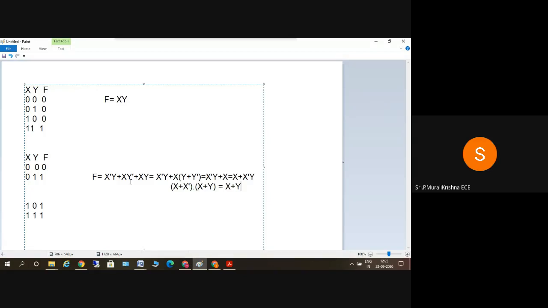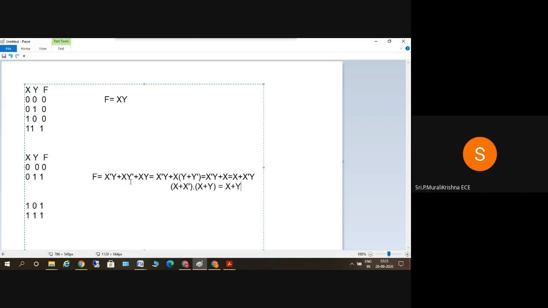When I come to the properties of the AND gate, ANDing with 0 is 0 irrespective of the input, and ANDing x with 1 gives x, so whatever input we give will be the output.